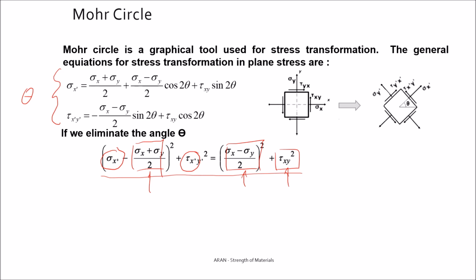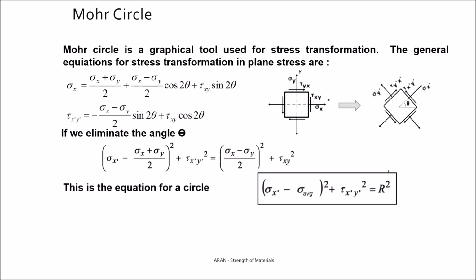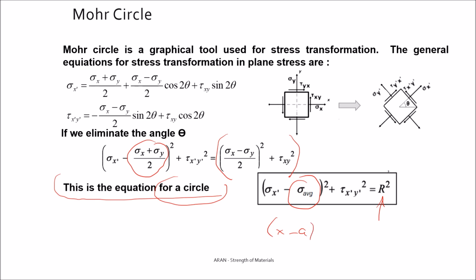So if you look at this equation, it is actually an equation for a circle. If you put a sigma average instead of this term, and if you call this term R, you see this is (x minus a) squared plus y squared equals R squared.